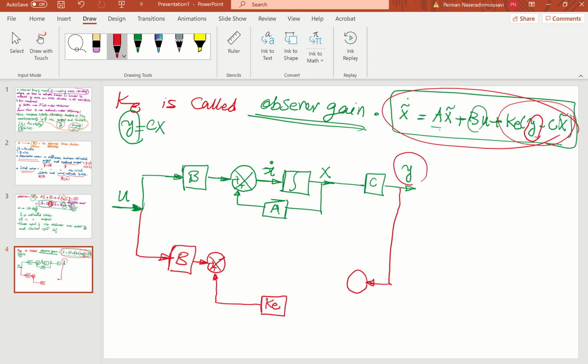So you see that I have some operation here. y is coming in with a plus, and here is minus Cx. But Cx, as I told you, is the estimated output, so here is y hat.